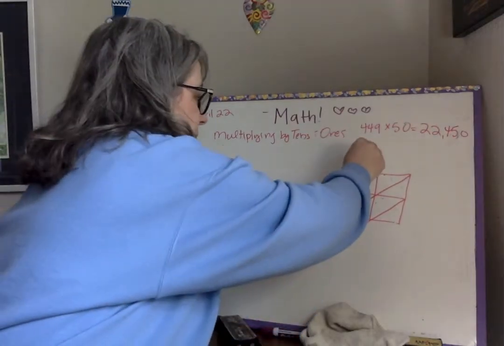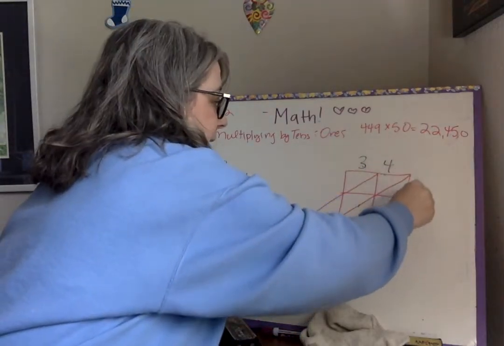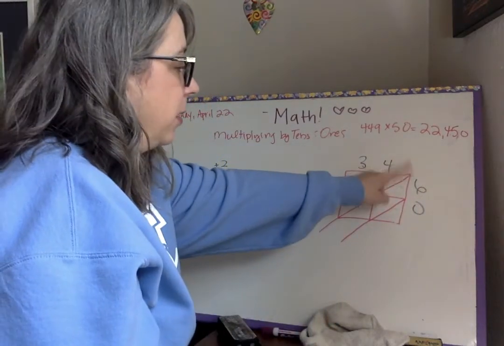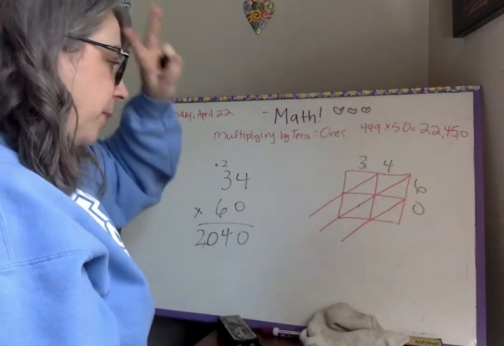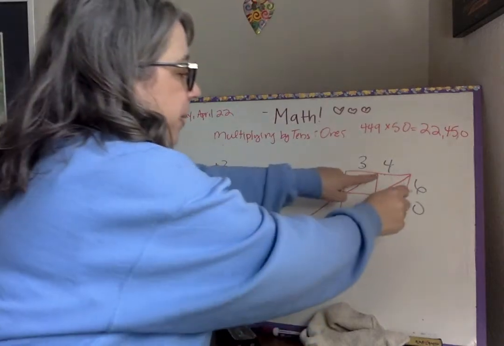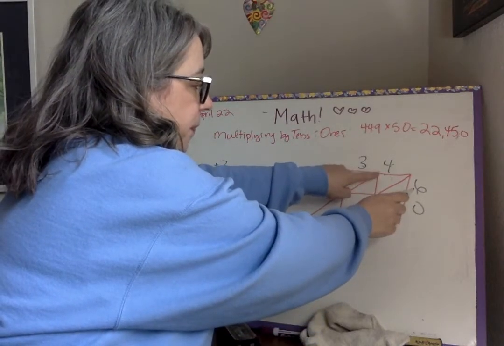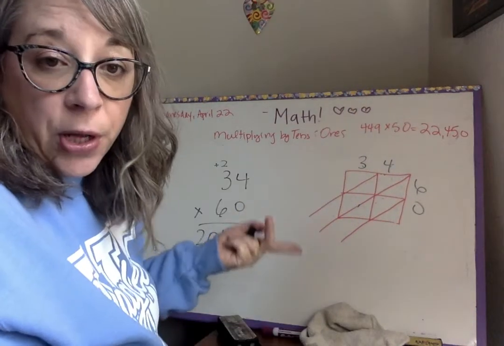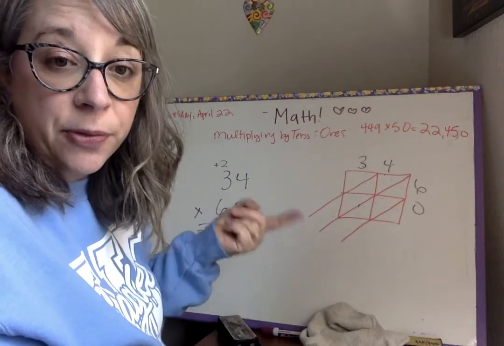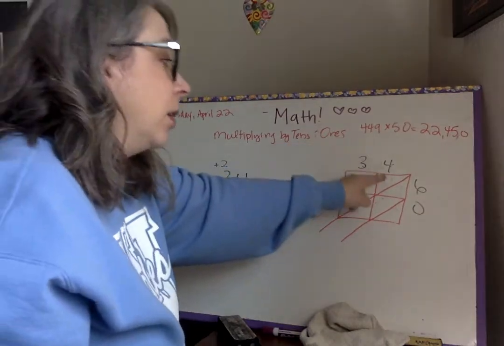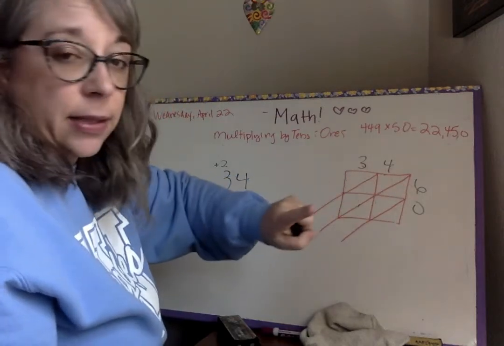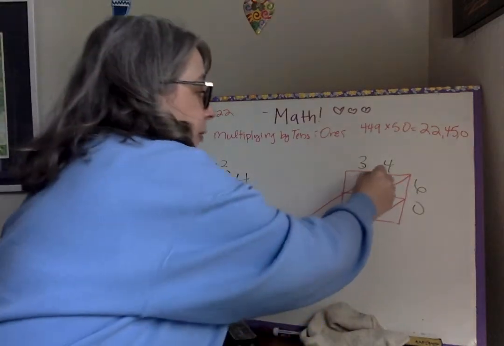Let's do it the lattice way, 34 and 60. It doesn't matter if you put your 60 up here and your 34 down here, it's going to be the same answer. So if we multiply 6 times 4, well, if we know that 5 times 4 is 20, then what's 4 times 6? We're going to add 4 to that 20, so that's 24.